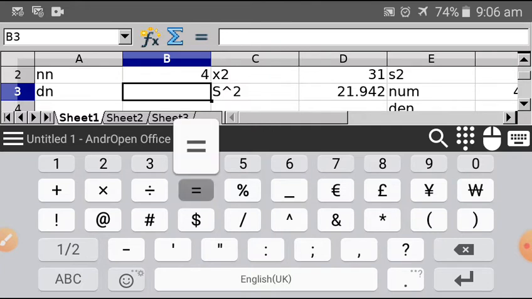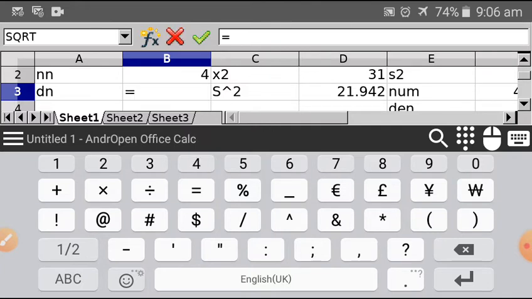Denominator value, if I calculate, in the denominator we have s square. We have calculated this, into this bracket, now it is 1 by n1 plus 1 by n2. So if you remember, it is 1 by n1, which is 10, plus 1 by n2, which is 12.